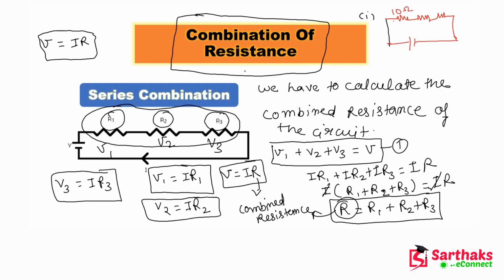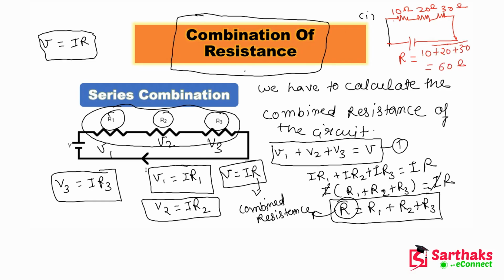Now, if we want to calculate the overall resistance, I will simply add all these resistances: 10 plus 20 plus 30, and it will give you 60 ohm.